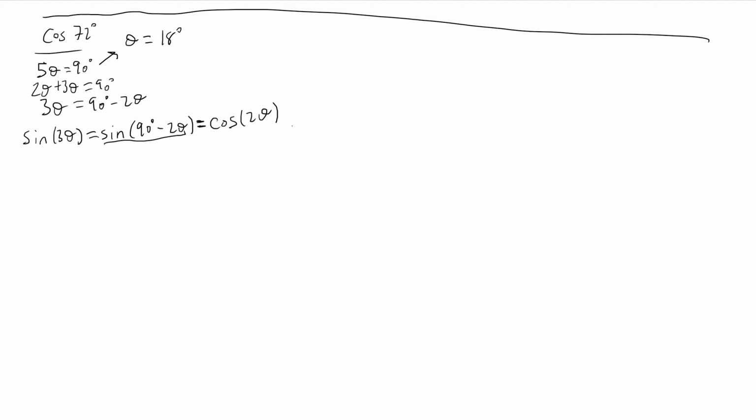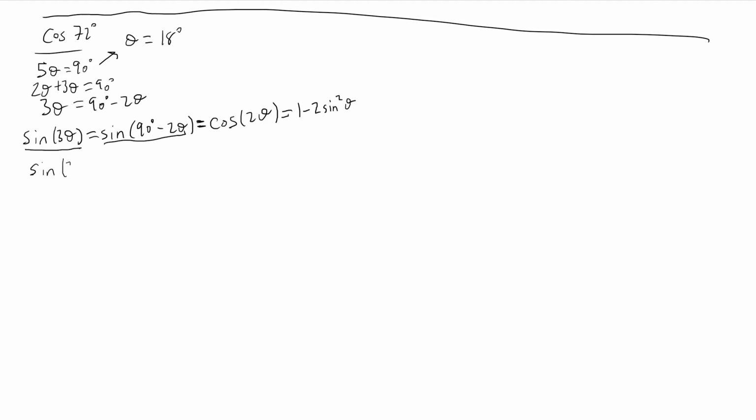Okay. But cosine of 2 theta, I did show, was 1 minus 2 sine squared theta. And it's the sine theta that I'm after here. The thing I don't have that I need is sine of 3 theta. So let's look at that.